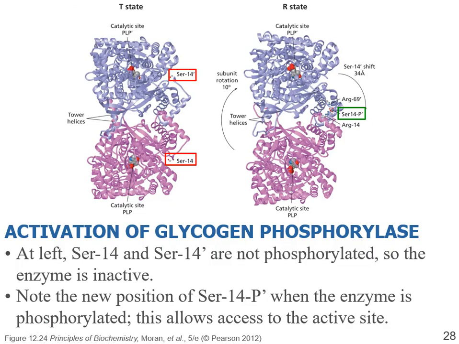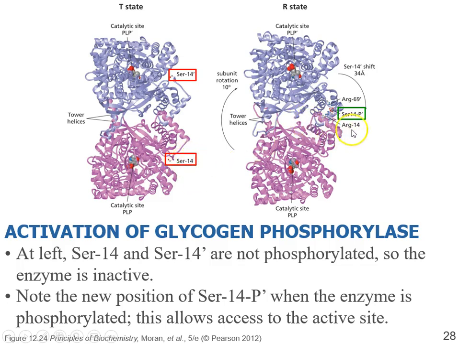So here's glycogen phosphorylase. It is a dimer, and we have a T form and an R form. Here's the T form right here, and there are serine residues that can be phosphorylated. In the T form, the serine's not phosphorylated. But when the serine is phosphorylated, look, there's a huge conformational change.